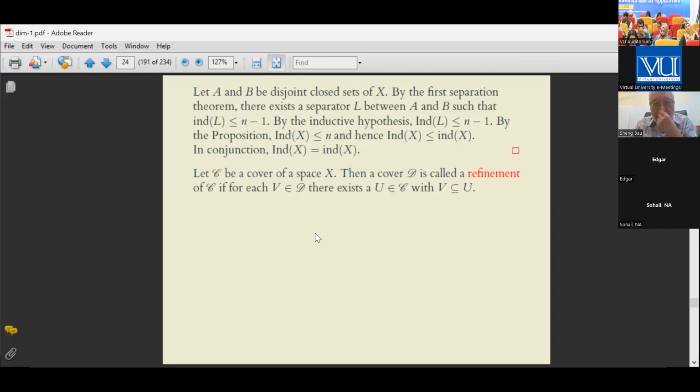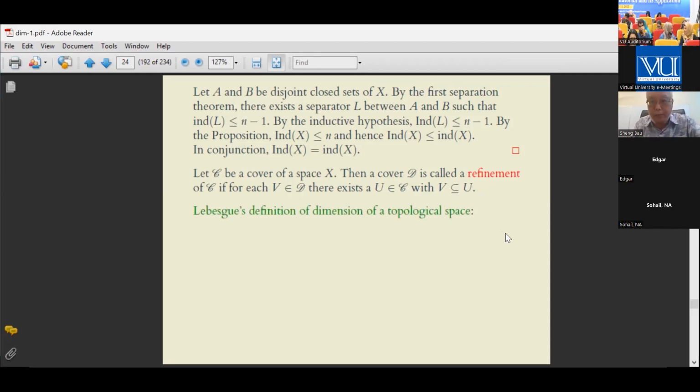Let's see, a cover of a space X. We didn't say C is an open cover or closed cover. It doesn't matter. It's just a collection of sets whose union contains the whole space. And then we call another cover D a refinement if every member of D is contained in some member of C. So the members of the second cover are sort of smaller than the first cover. This is what we call a refinement.